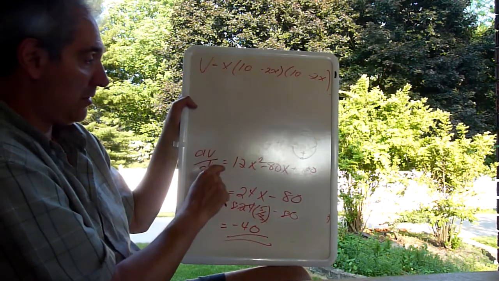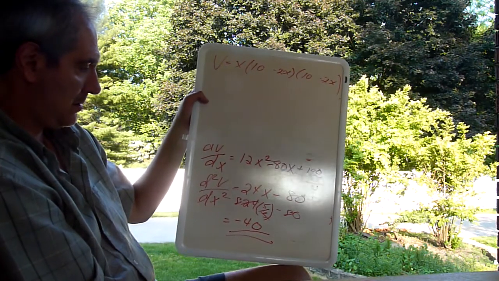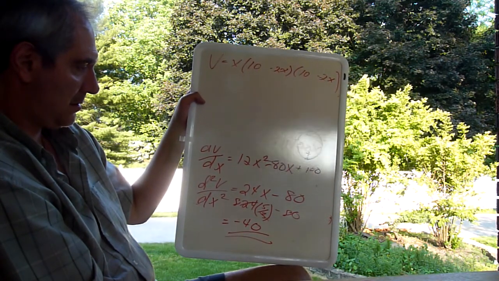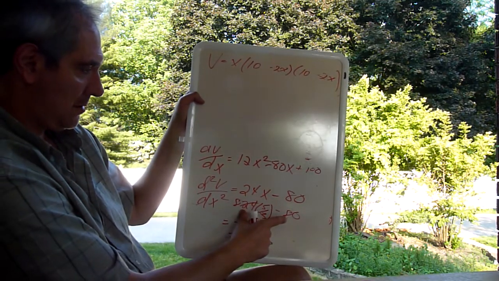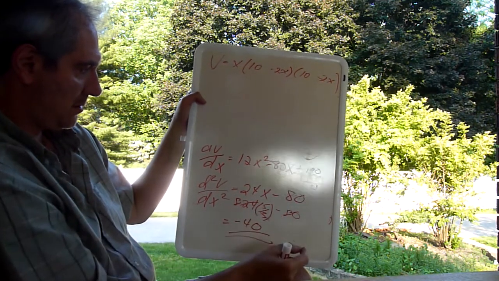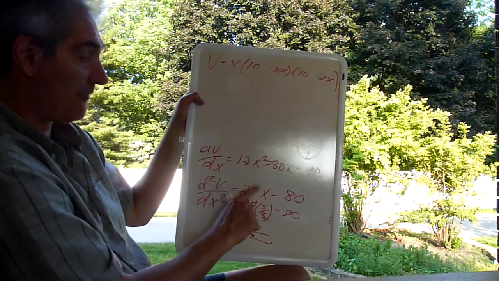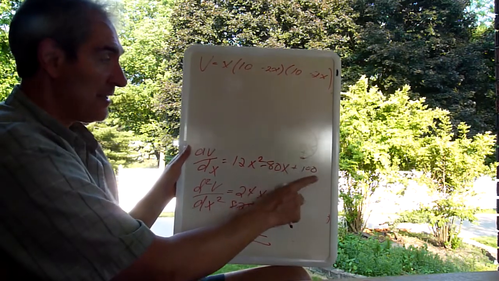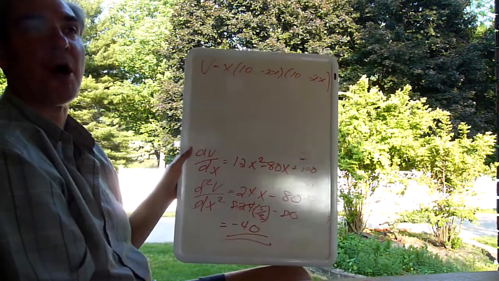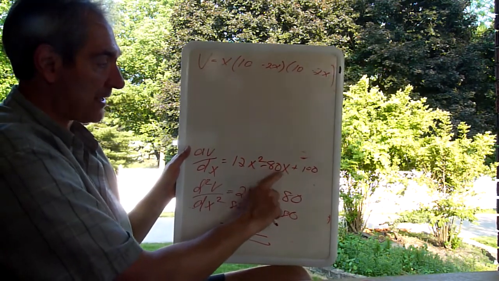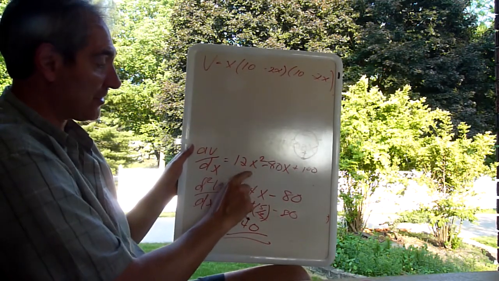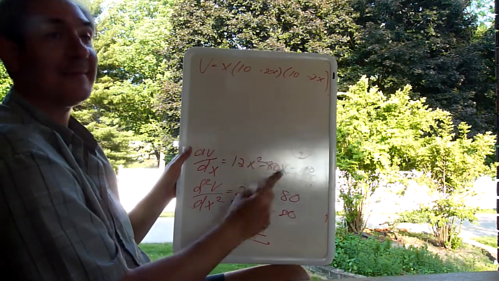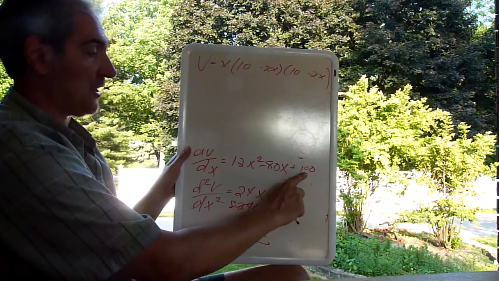So what happens to it when you go to 24x minus 80? That's a good question. What happened to this 100 when we took the next derivative? Since it's a constant, it became 0. This linear term became a constant, and this squared term became a linear term. It's a great question. Yeah, this thing's gone after you take the derivative.